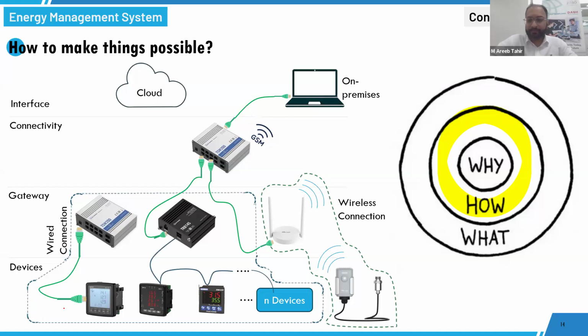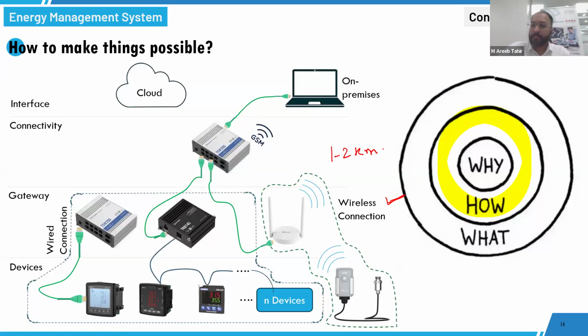For the wireless connectivity, excuse me, I will show you. For the wireless connectivity, we have LoRaWAN. It can cover indoors approximately 1 to 2 kilometers, and that means completely wireless.